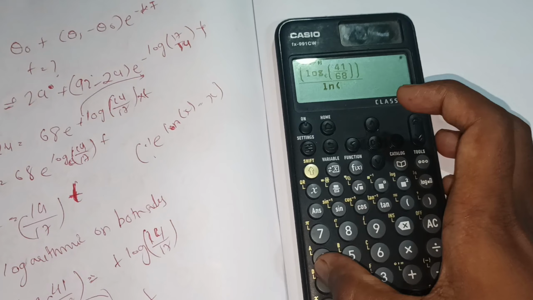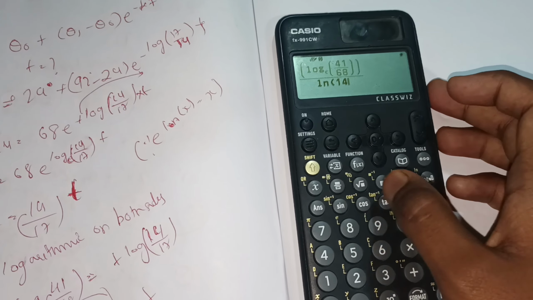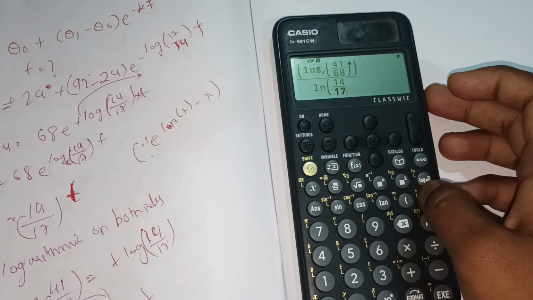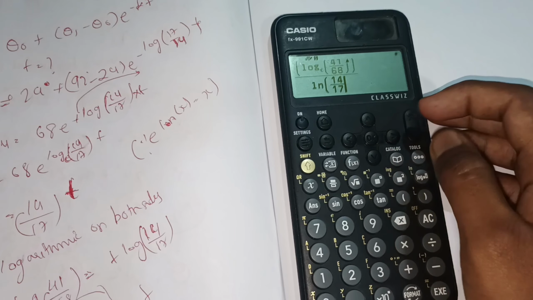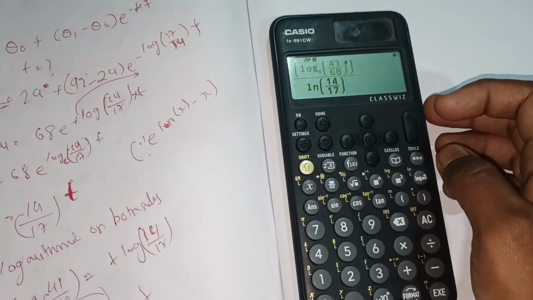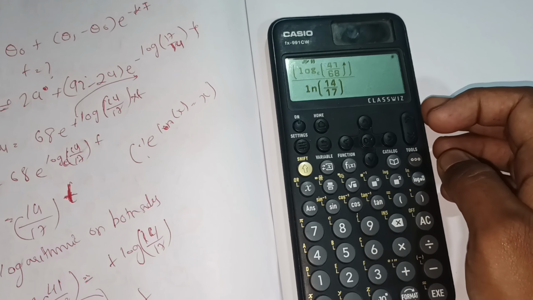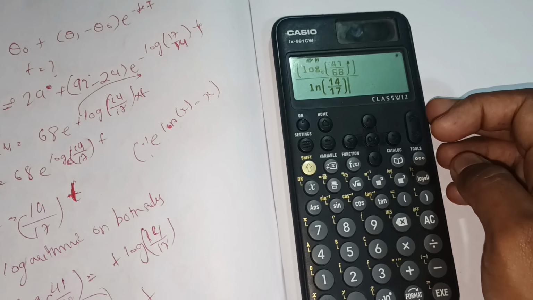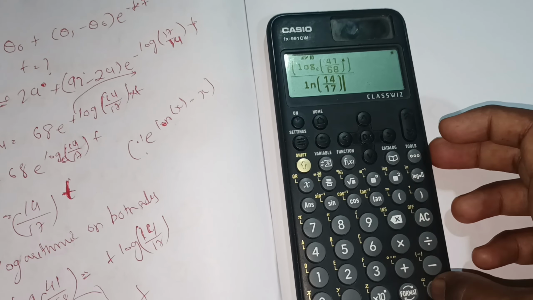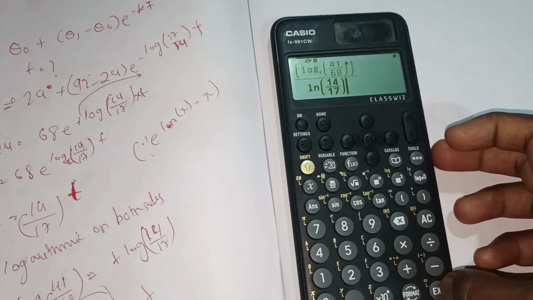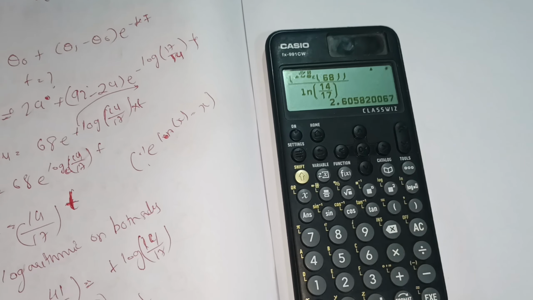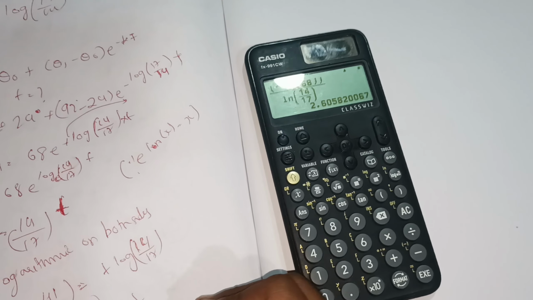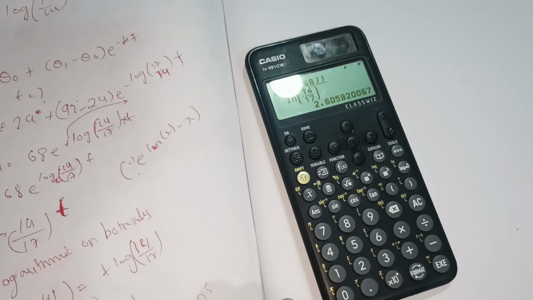Next 14 divided by 17. After that, in a full bracket, ln of 41 by 68 divided by log to the base e of 14 by 17. It will be the answer. Calculate it by using execute. So you will get t equal to 2.605.